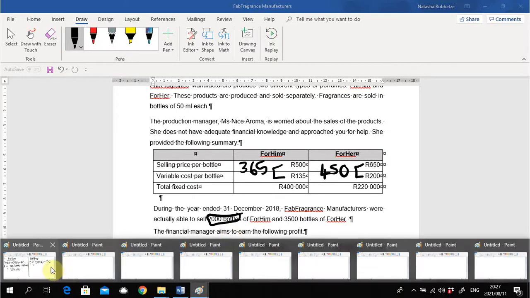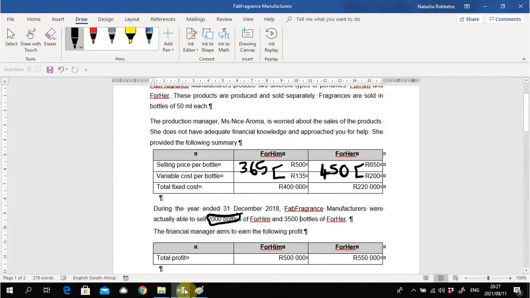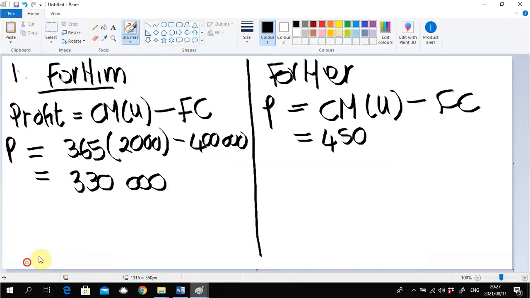Going back to the question, the contribution margin is 450 Rand. They've given us the units. They said it was 3,500 bottles. So I'm going to say times 3,500 minus the fixed cost.